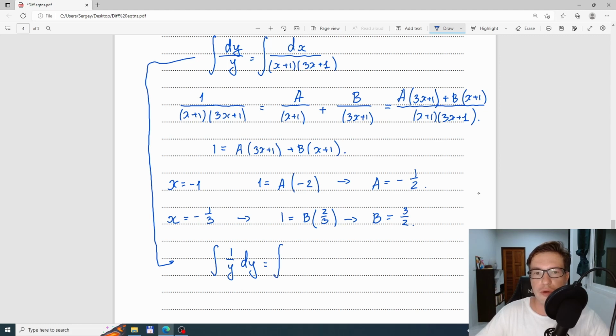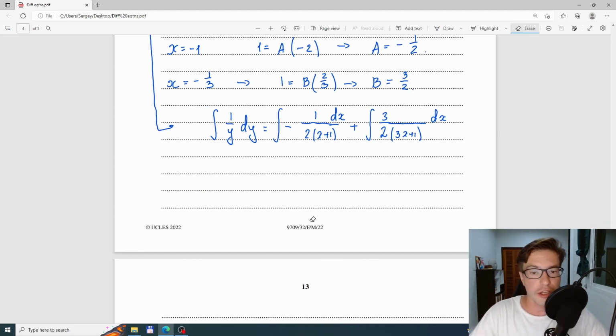So it's the integral of minus 1 over 2 times x plus 1, plus, now b is 3 over 2, 3 over 2, and at the bottom we've got 3x plus 1, dx and dx, of course. Okay, and now we can integrate.